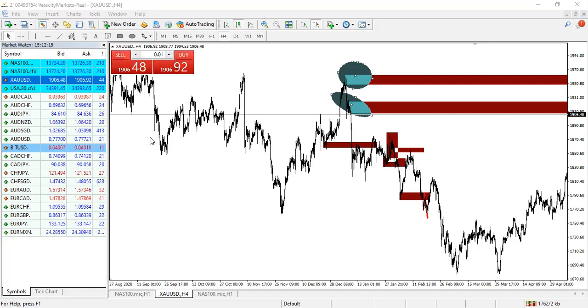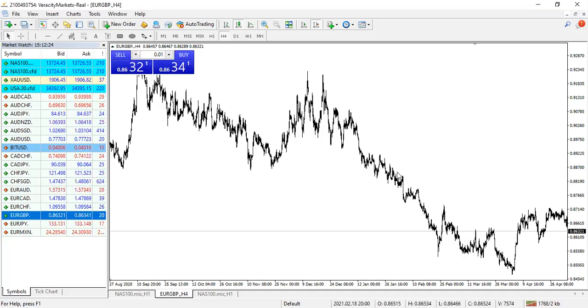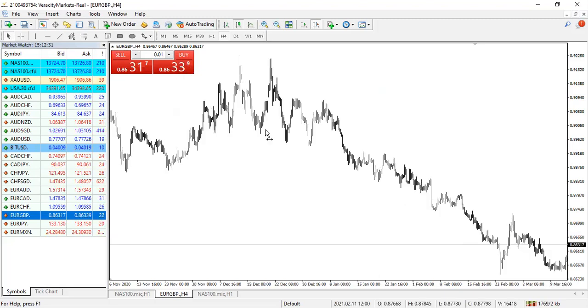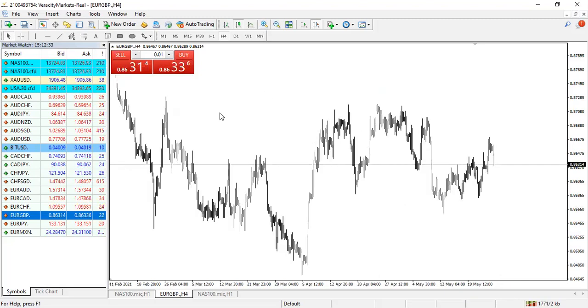Okay, if there's no one asking, we can analyze another pair, maybe Euro GBP. We have an inverse head here. Why am I saying it's an inverse? The market came and formed a low.